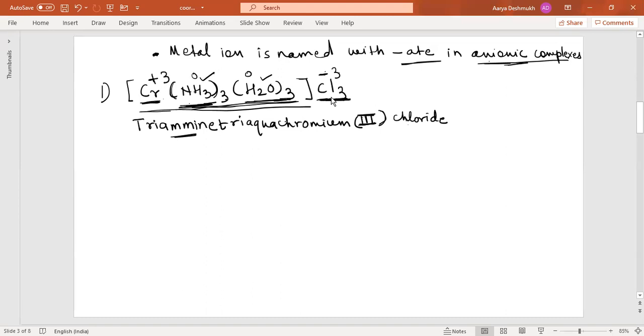So you should have some prior knowledge about oxidation states, the type of ligand, which ligands are neutral and which are anionic, having charges on them. And it's very simple. Now the next example you can take. Now I'll write the name: tricarbonato cobaltate. Tricarbonato cobaltate(III).